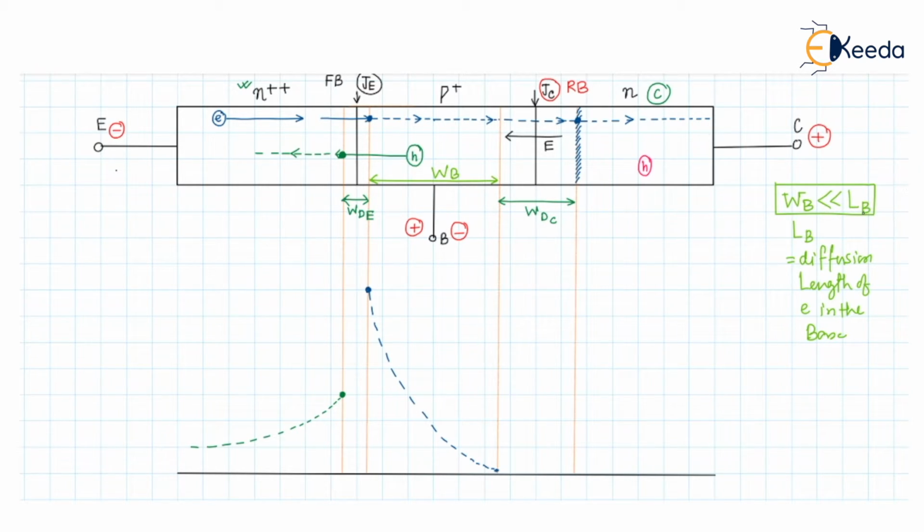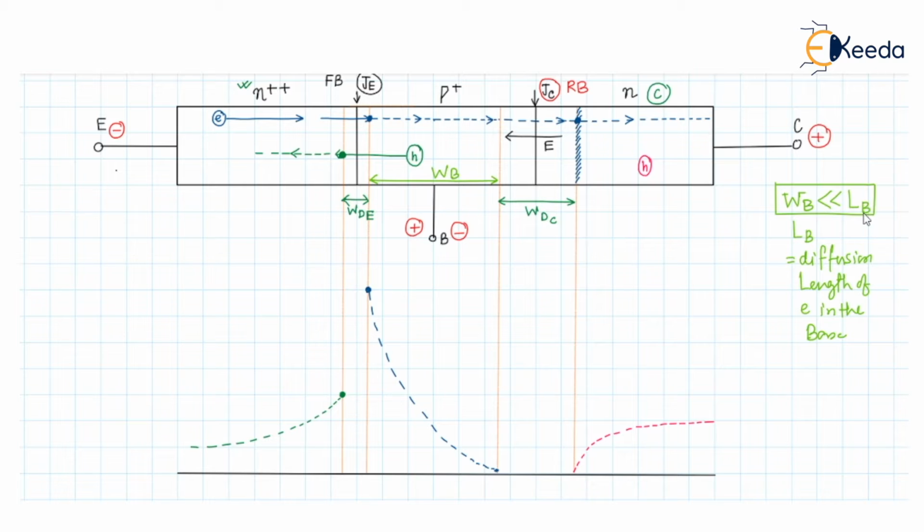That's why the minority carrier concentration at the edge of the JC junction in the collector will be small, and if we go away from the edge, the minority carrier distribution will be higher and constant.